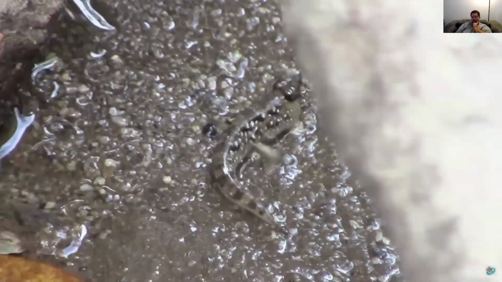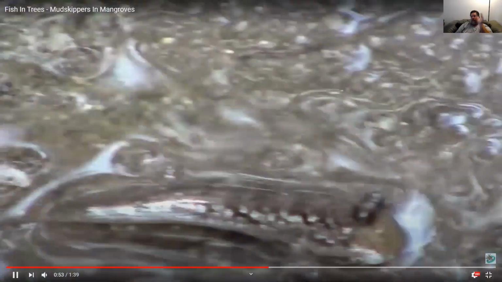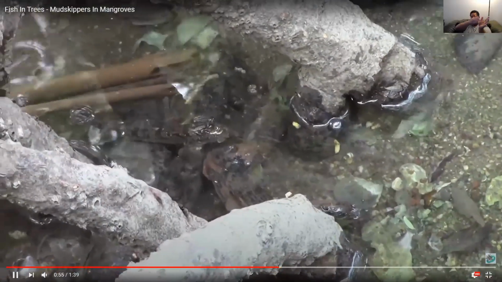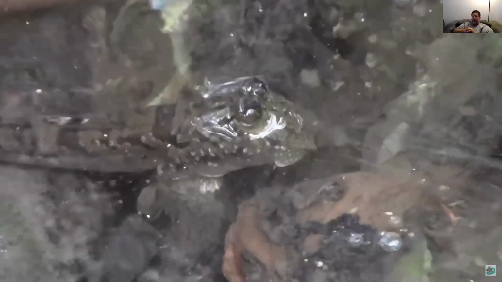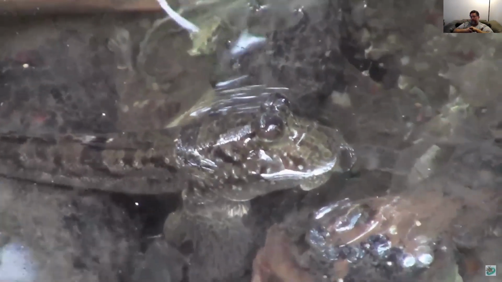But you can see here it's crawling very well. So you can imagine something like this becoming amphibian-like, or this might suggest how amphibians evolved from fish and the first vertebrates to move onto land.